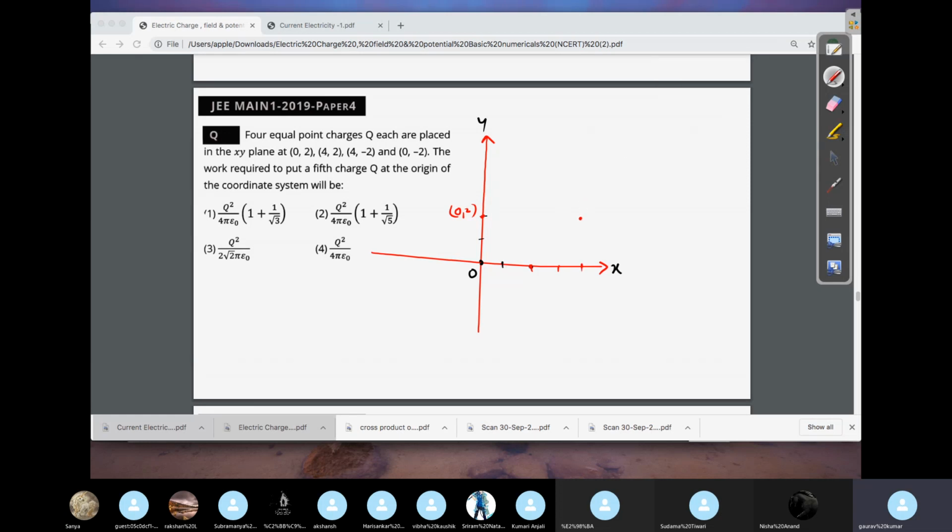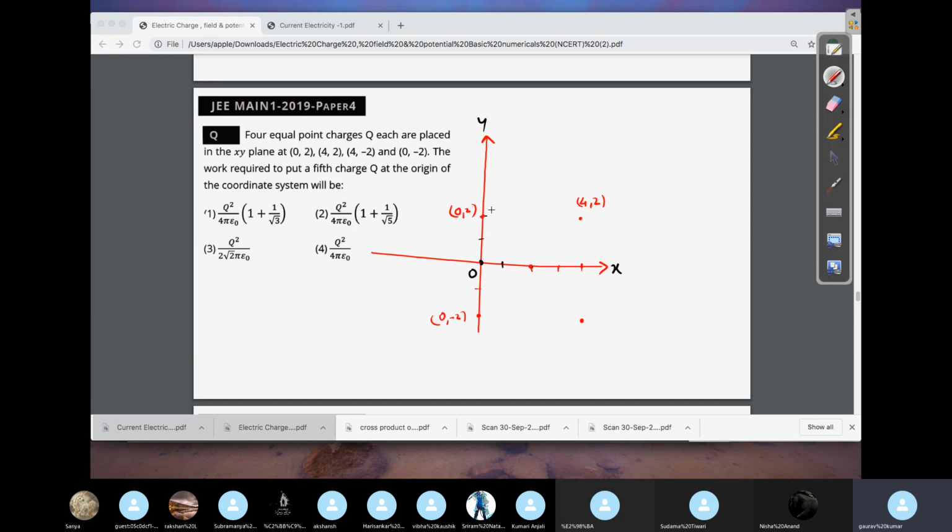There we have 4, 2. Then you have 0, minus 2. Then you have one more, 4, minus 2.